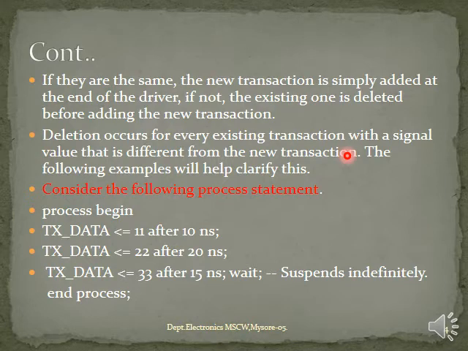For each and every such transaction, deletion should occur. Deletion happens for a signal value that is different from the new transaction's. So let us see what we have studied till now, which I am going to explain with this example.